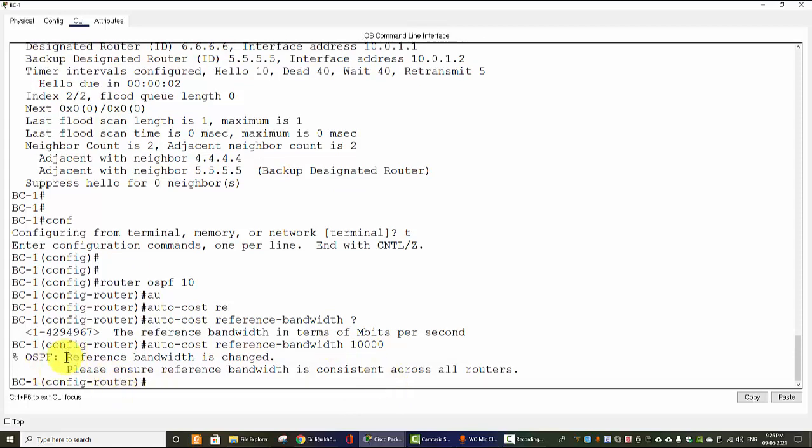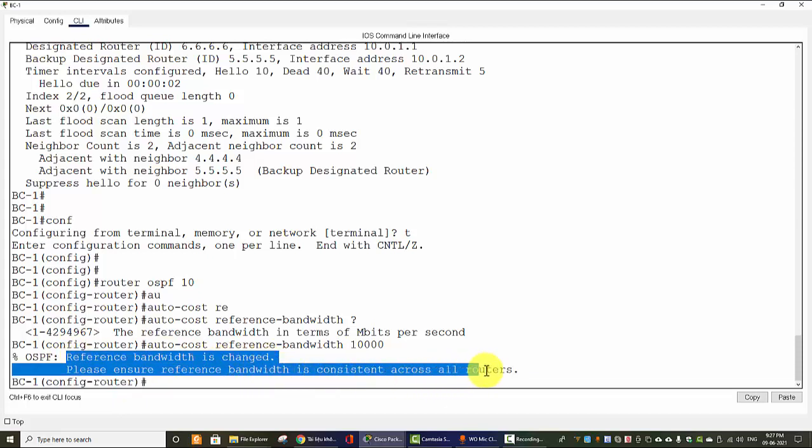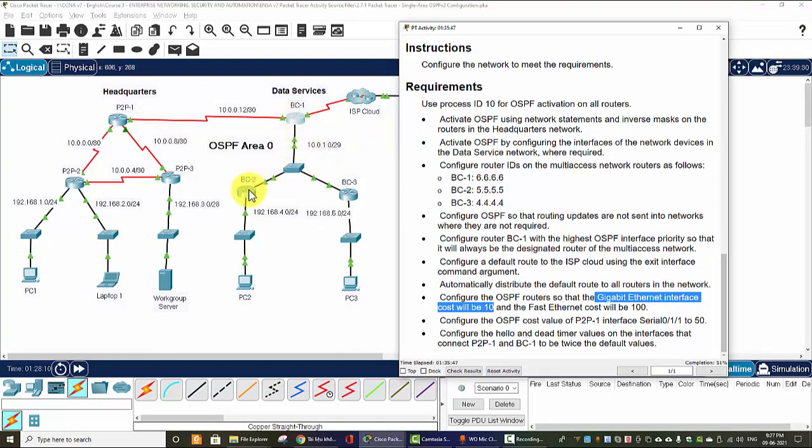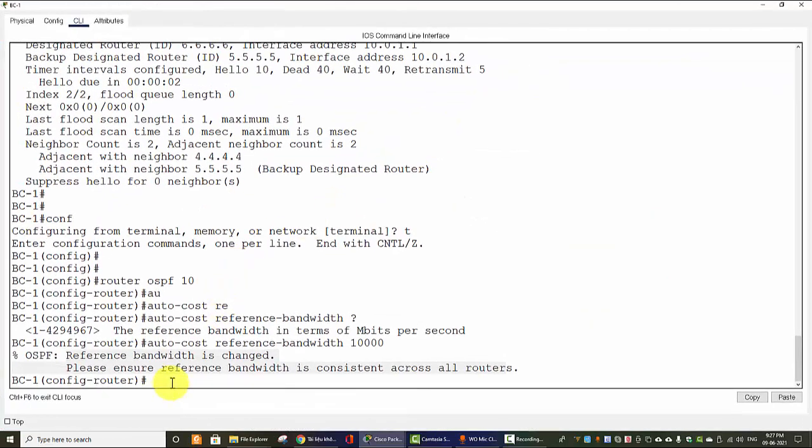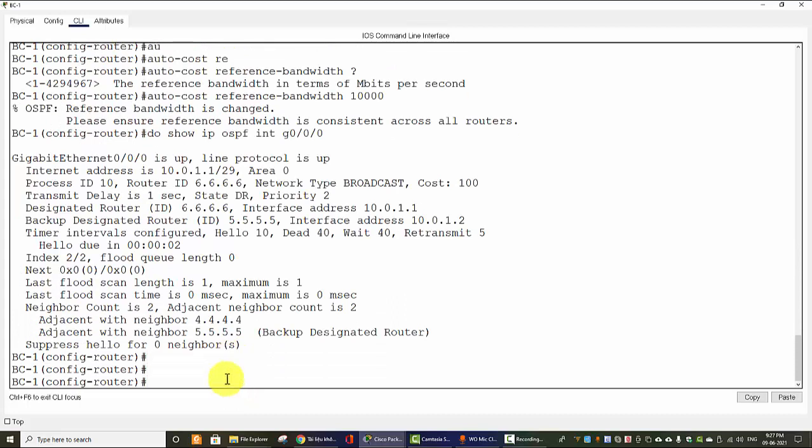And this warning says the OSPF reference bandwidth is changed, ensure the reference bandwidth is consistent across all routers. So we should enter the same configuration on BC2, BC3 and the other routers. After configuring, we should do show IP OSPF interface gigabit 0/0/0, and you see here this interface has a cost of 100.